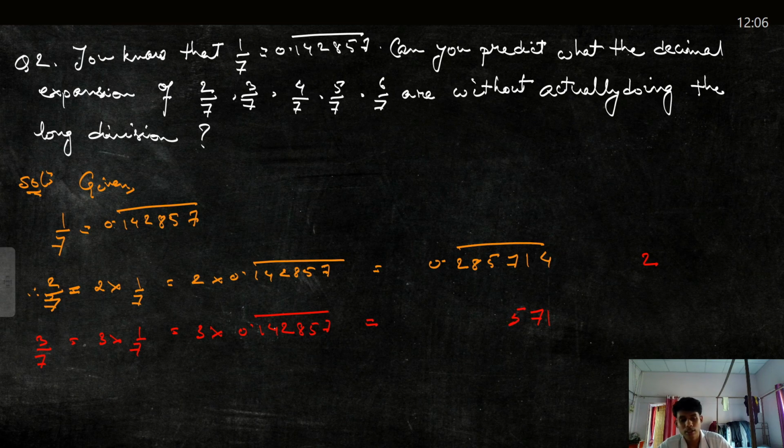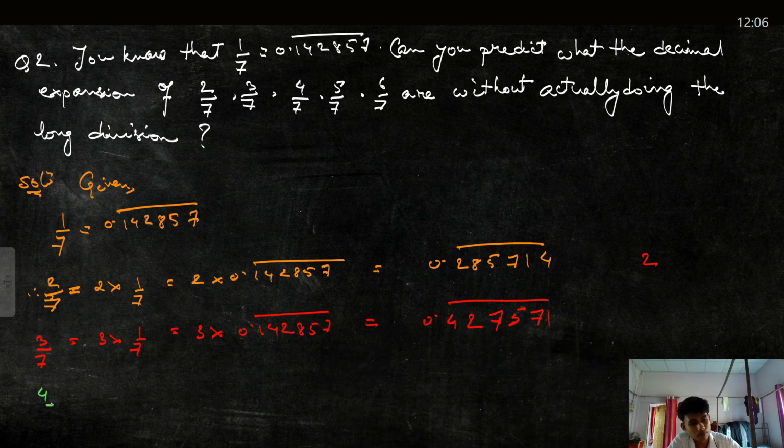Now 3 times 2 is 6, and having 1, 7. 4 times 3 is 12. 2 on hand is 1. 3 times 1 is 3. 3 plus 1 becomes 4, and it becomes 0.47571.